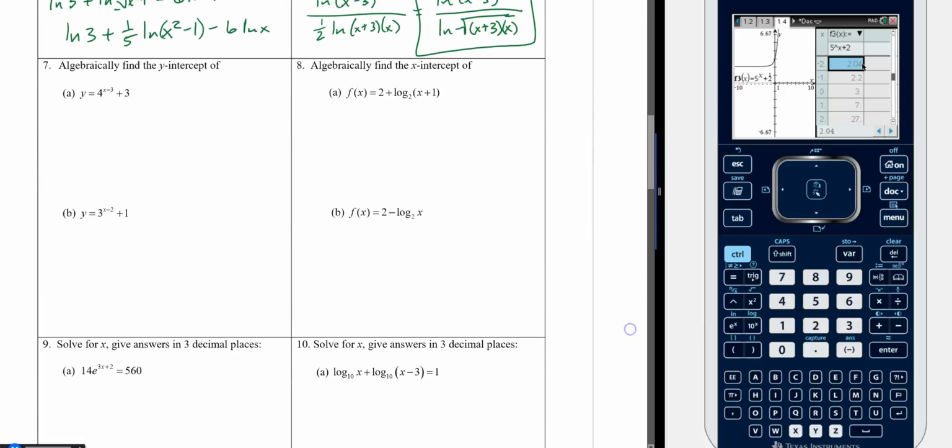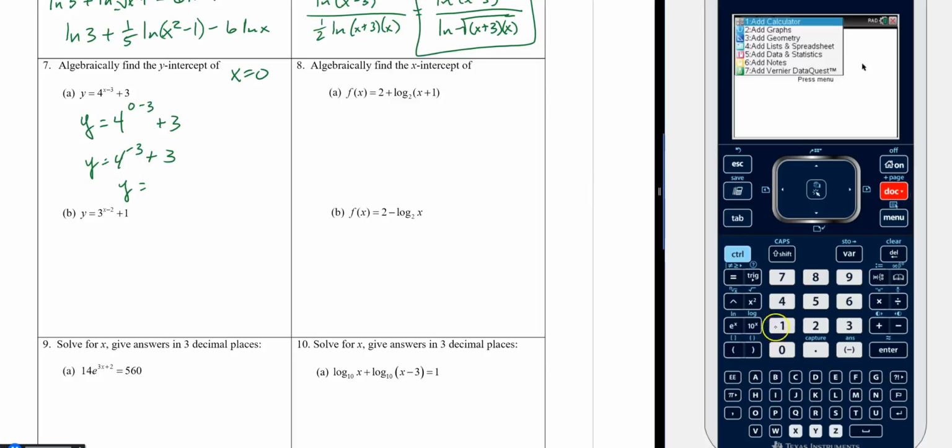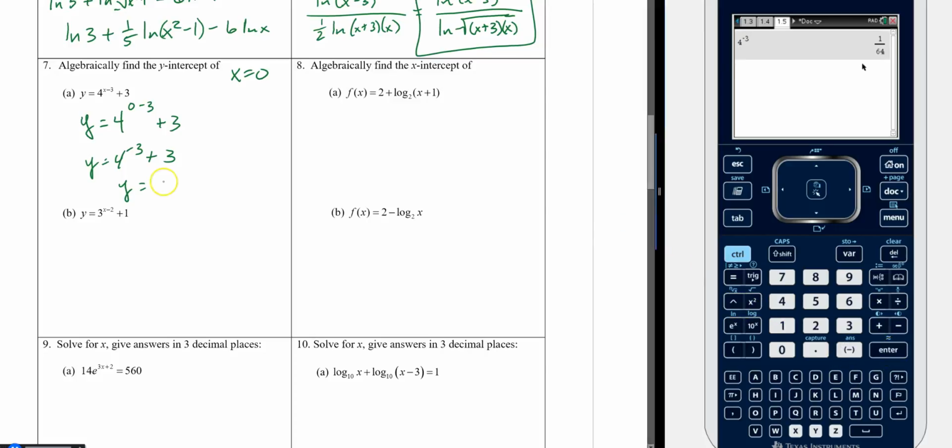7. Find the y-intercept. Remember back from chapter 1, the y-intercept is when x is equal to 0. So we're just going to plug 0 in for each of these x's and solve. So y is equal to 4 to the 0 minus 3, plus 3. So y is equal to 4 to the negative third plus 3. If we need to use our calculator, 4 to the negative third is 1 over 64, plus 3.